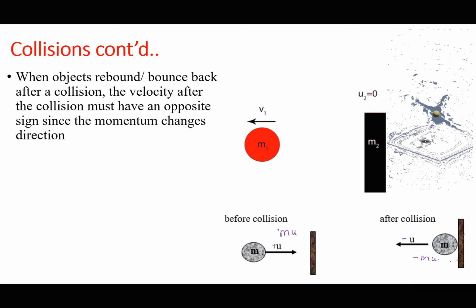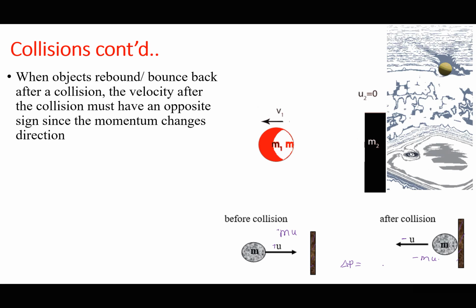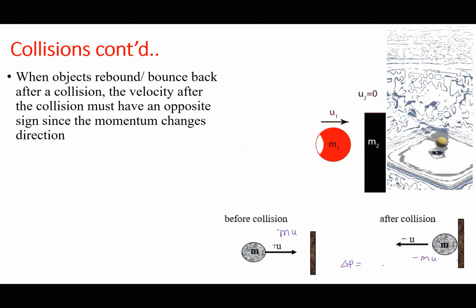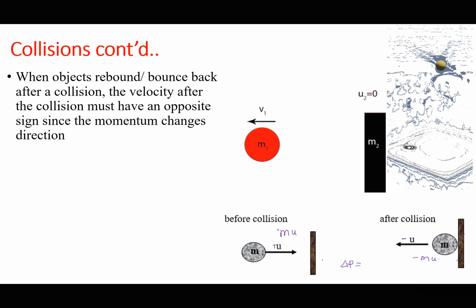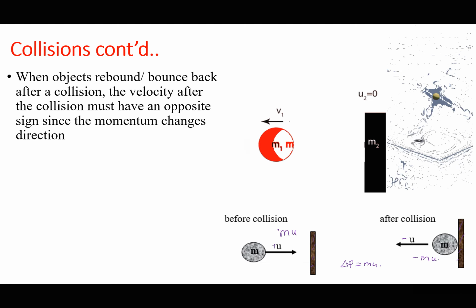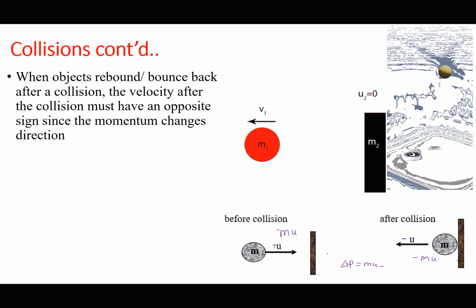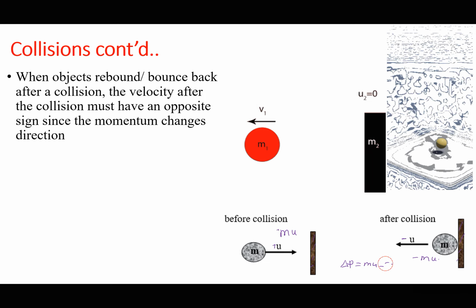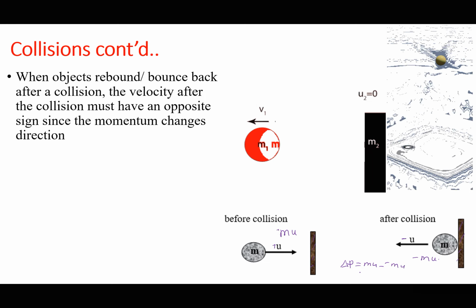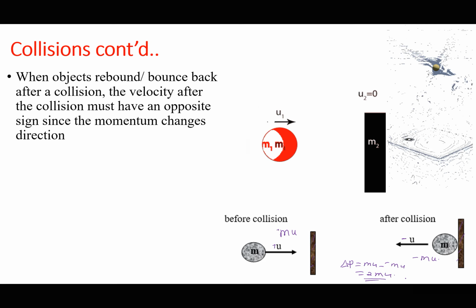But if I try to find the change in momentum for the ball, towards the left it will be minus mu, because for change we subtract. Towards the right it was positive, towards the left is negative, so it is minus mu, and this will become twice mu. That will be the change in momentum.